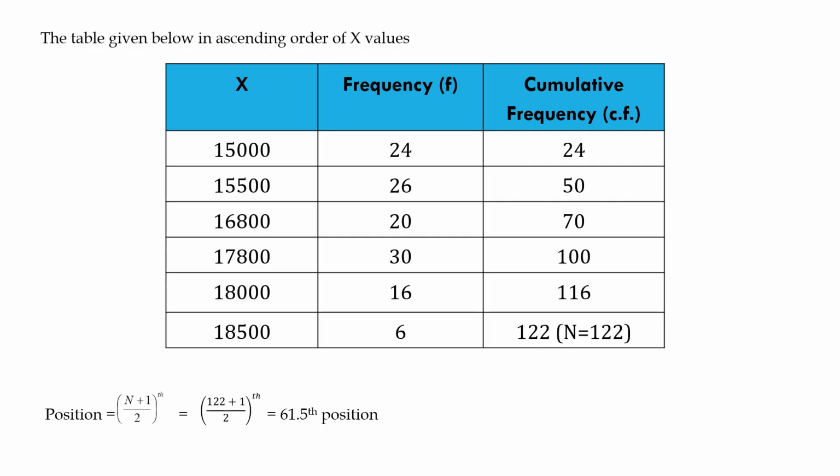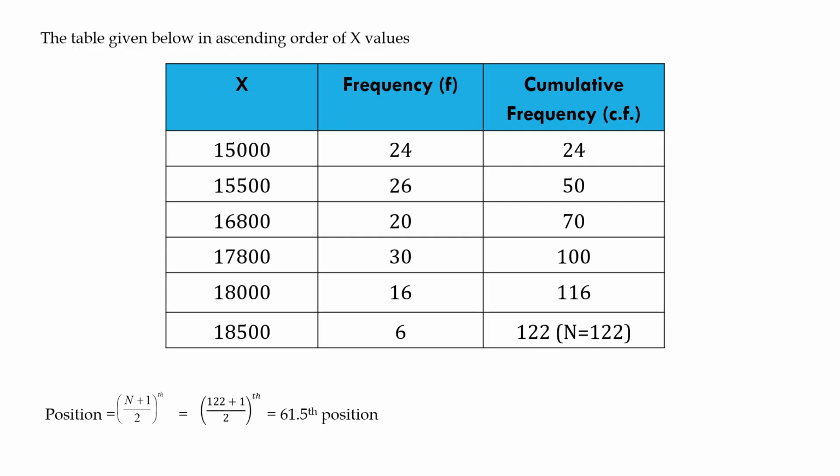In the given problem, the data is not arranged in ascending order, so first we have to arrange the data in ascending order. Then we consider the corresponding frequency along with the observations. So we consider the income as x, that is the observation, and the number of persons is considered as frequency, that is f. So we arrange the data in ascending order and we consider the corresponding frequency.